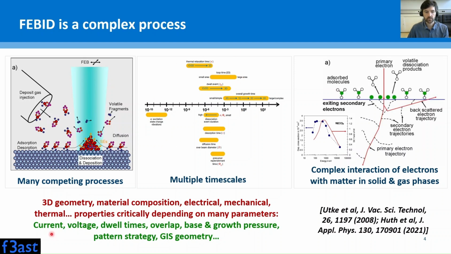What we can control as a user is the current of electrons, the voltage to which the electrons are accelerated, the dwell times, the time the beam is in a given spot, the overlapping between neighboring points, the base and growth pressure, the pattern strategy, the GIS geometry, the gas flux, etc. So, of course, this makes everything really complicated because there are many parameters that I can control. And in F3ast, what we have done is to synthesize the essence of the FEBID process in order to find the key parameters that are required to be able to do a 3D printing process.